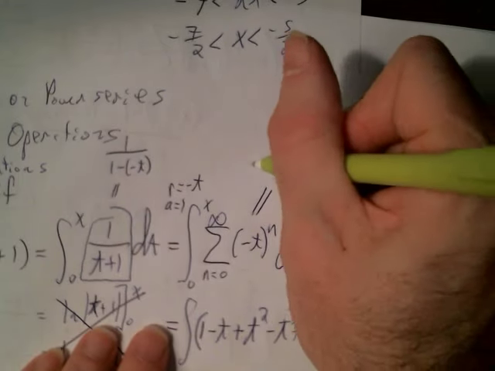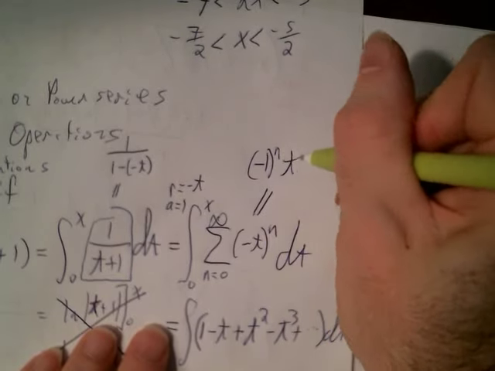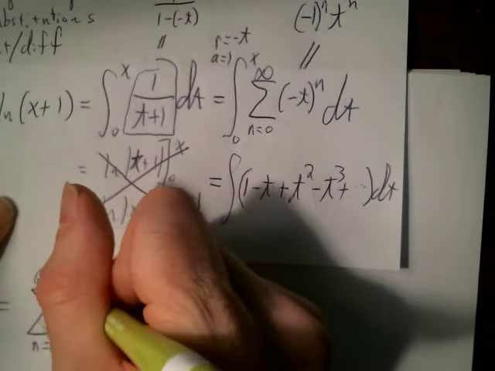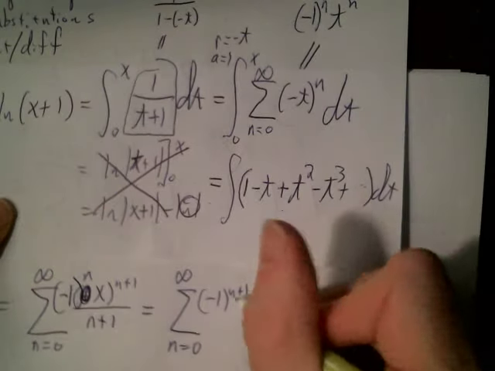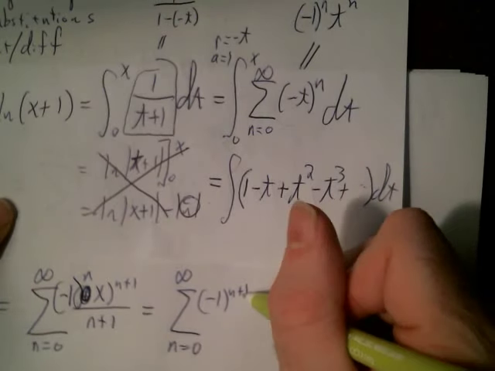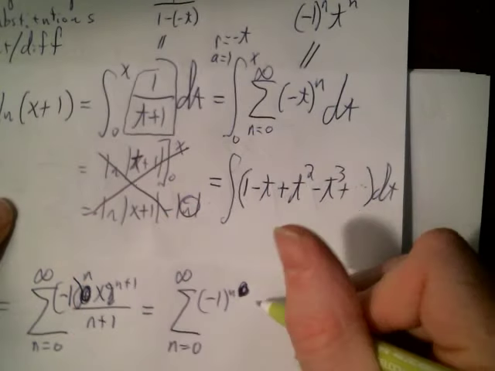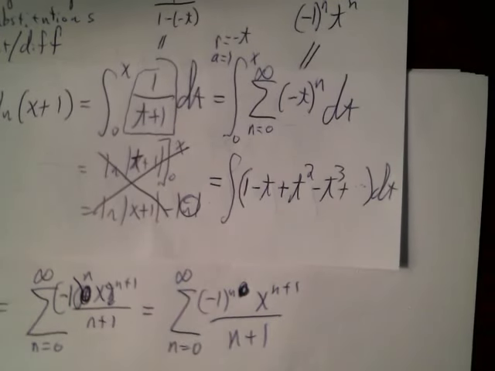So really, you want to separate way back here to negative 1 to the n times t to the n, and then that will allow you to preserve the negative 1 to the n. So you don't end up doing something stupid like I just did. So it's just negative 1 to the n times x to the n plus 1 all over n plus 1.